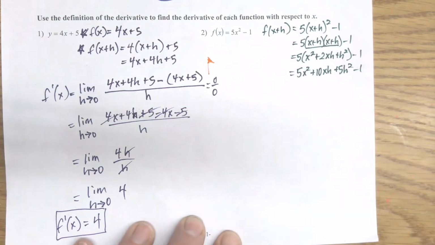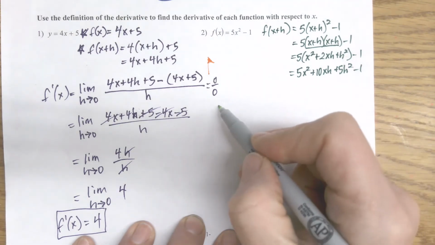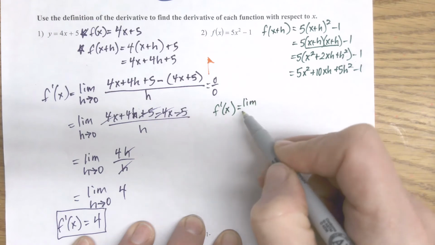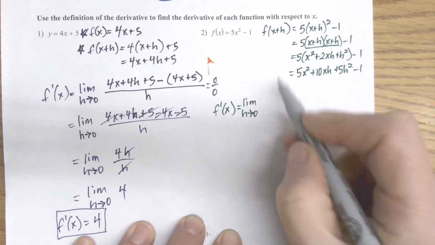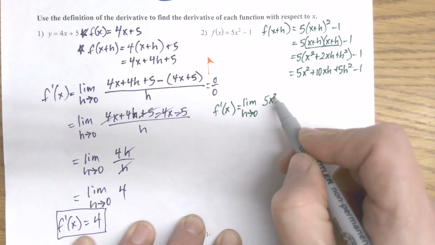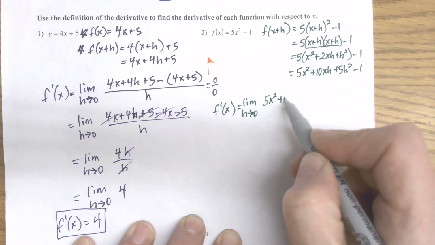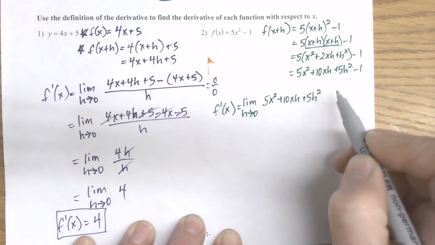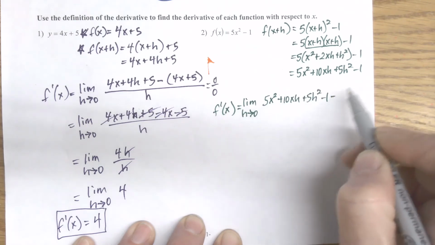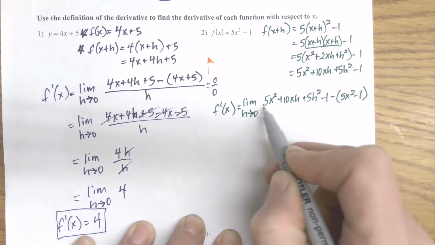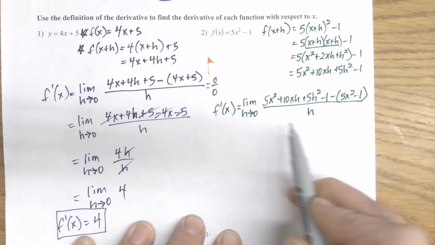Now that I've done all my preliminary setup, I can find my first derivative. f prime of x is equal to the limit as h approaches 0 of f of x plus h, so that's this whole big thing, 5x squared plus 10xh plus 5h squared minus 1, minus 5x squared minus 1, all over h.